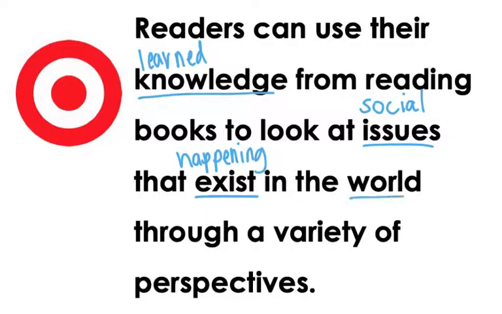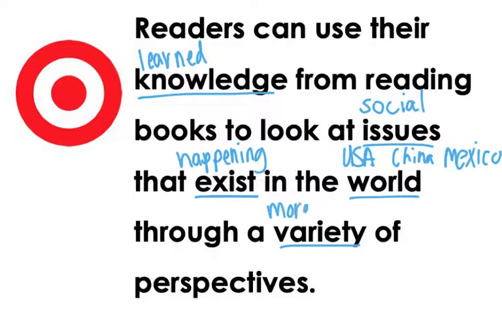In the world, we can think of the USA, we can think of China, we could think of Mexico, the Dominican Republic, through a variety. That means more than one. And then perspectives. When we think of perspectives, we want to think of point of view or even like an opinion.